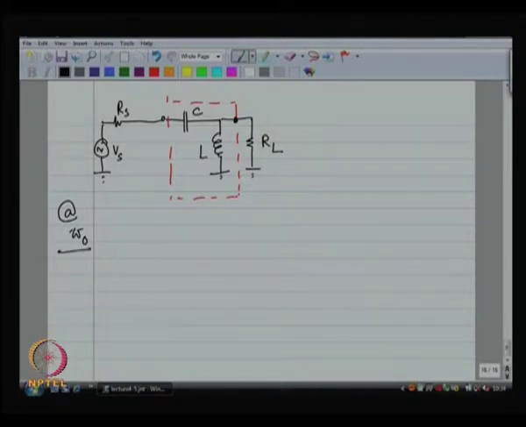All right. So, let us say I choose this frequency omega 0, then the inductor in parallel with the resistor can be transformed to an inductor in series with a resistor.